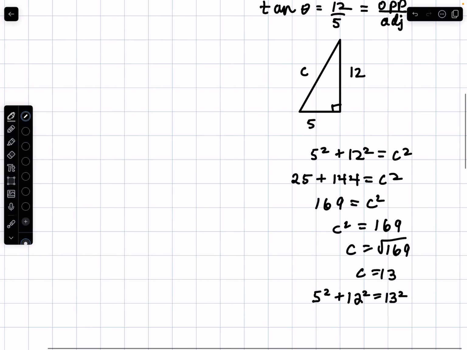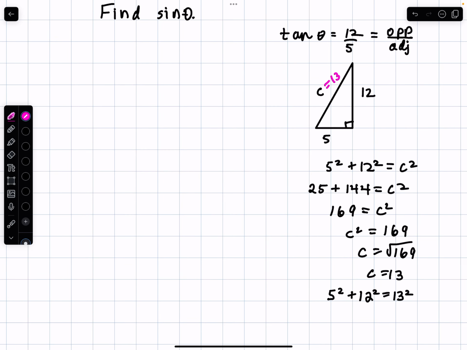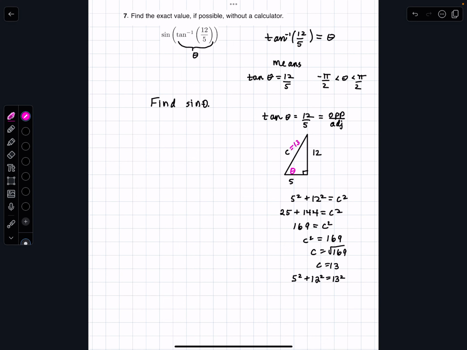So if c is then apparently equal to 13, can we find sine theta? And by the way, this is theta in my triangle. Okay, I should have put that there. So now we're going to find sine theta, looking at the triangle. So sine theta is equal to opposite over hypotenuse.